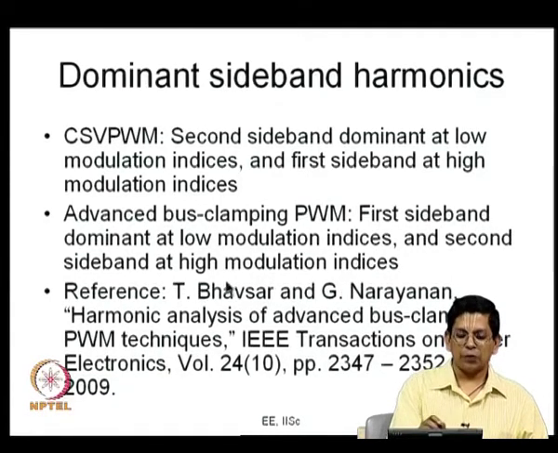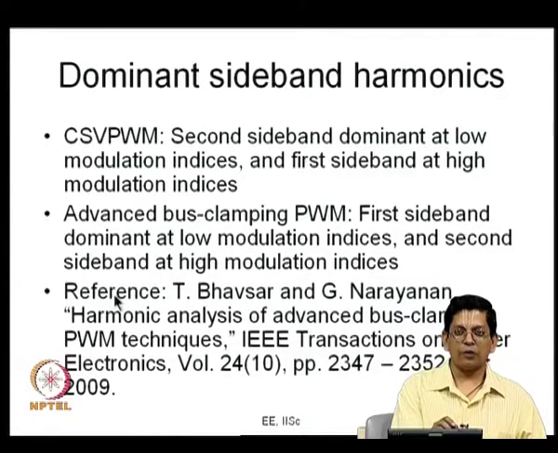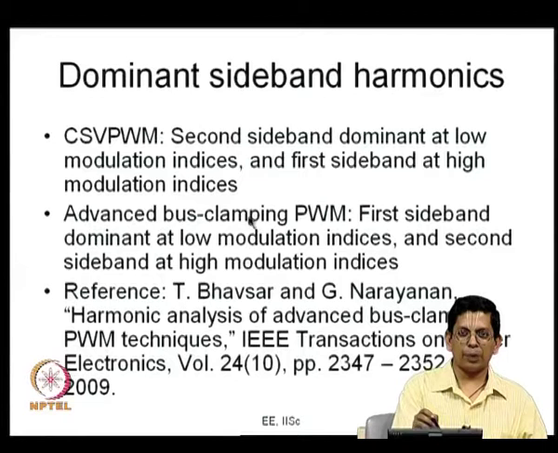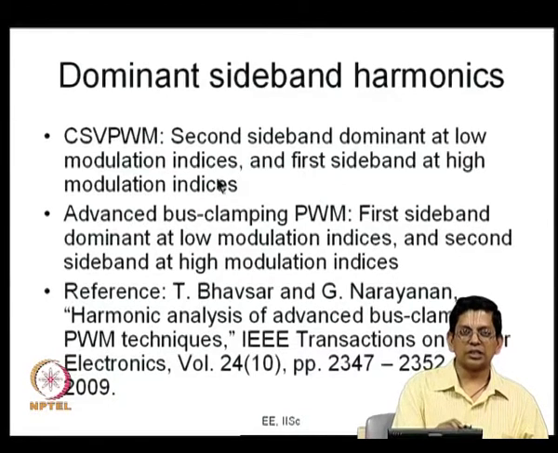There you find that the first sideband dominates at low modulation indices and the second sideband dominates at high modulation indices. Therefore, at high modulation indices the second sideband dominates and gets filtered better. The voltage harmonic amplitudes may be substantial, but the corresponding current amplitudes are low, and therefore your RMS current ripple is low. So, when you compare CSV PWM and advanced bus clamping PWM, you will find that CSV PWM is better at low modulation indices, whereas advanced bus clamping PWM is better at high modulation indices.